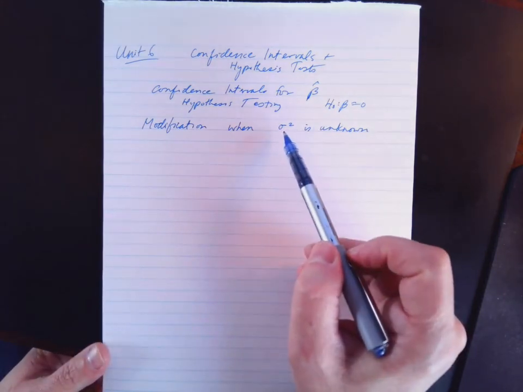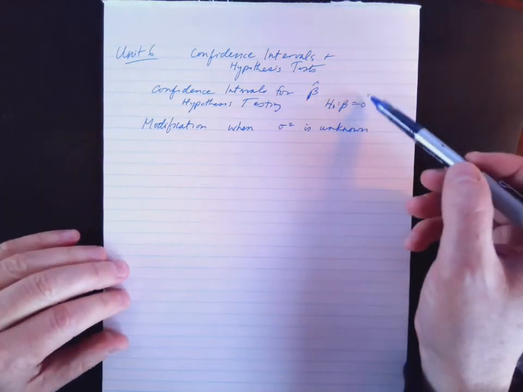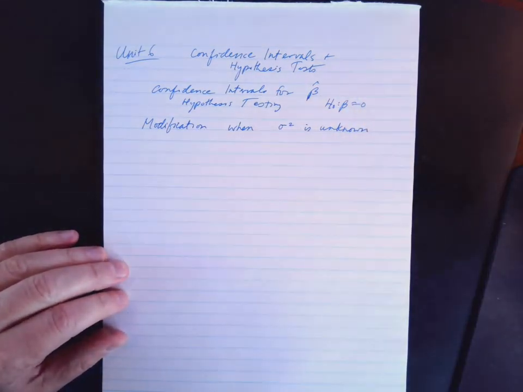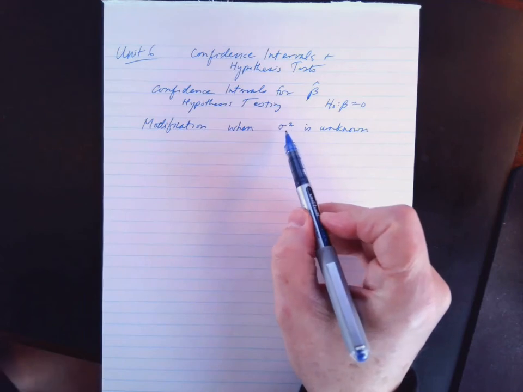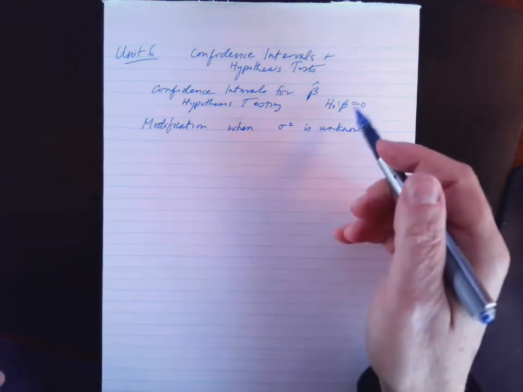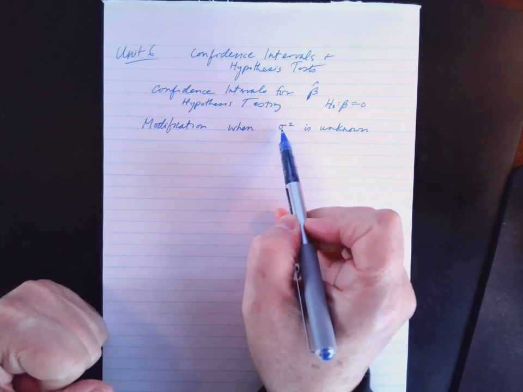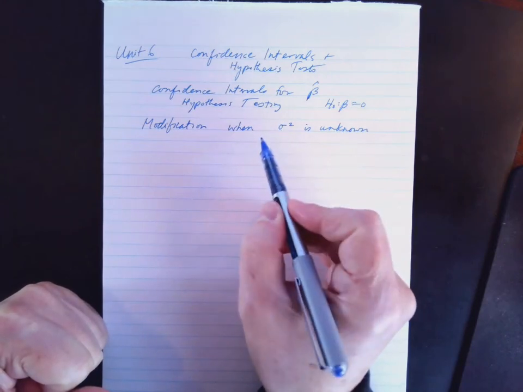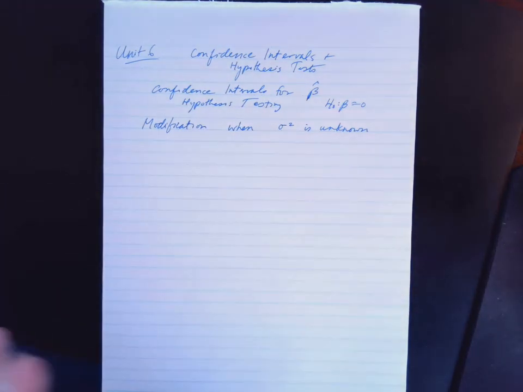We could construct our test statistic for that null hypothesis using standard normal tables. But we have to estimate the variance. So then we need to adjust the distribution of our test statistic to take account of the fact that we're using an estimate of sigma squared. And that's why we use the t distribution rather than the standard normal distribution.